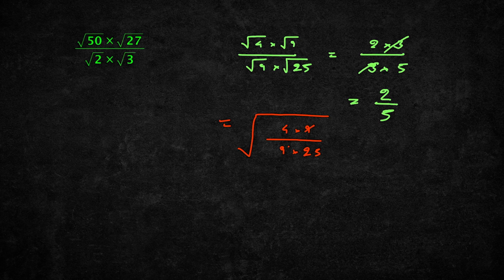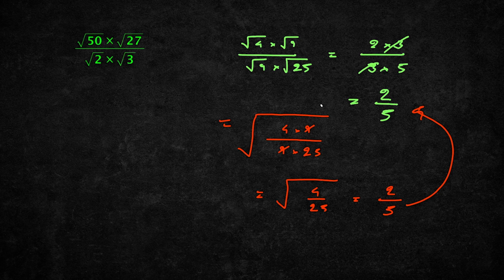Cancel the 9 on the top and the 9 on the bottom, and we end up with 4 over 25. If we apply the square root of 4 over 25, we have 2 over 5. They match the same answer, but the second strategy is the one that works here.